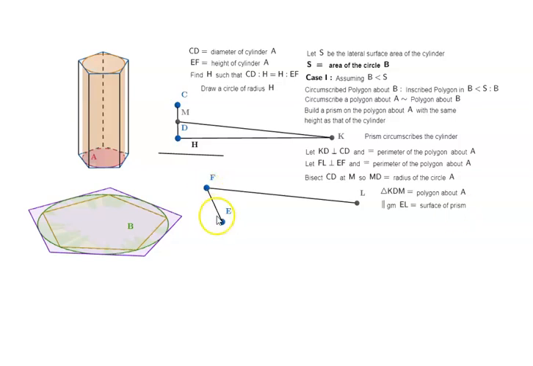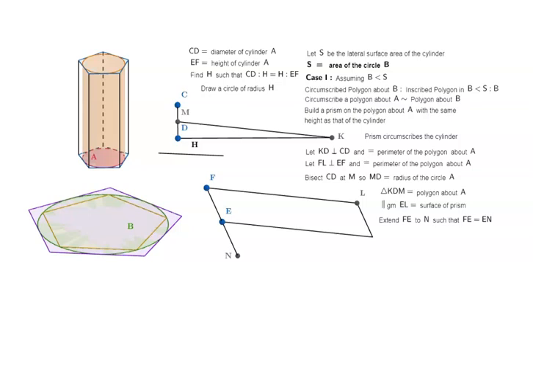So here remember EF is the height of the cylinder and FL is the perimeter of the polygon. So let's complete that parallelogram EL. Now extend FE to N such that FE is equal to EN and join NL.